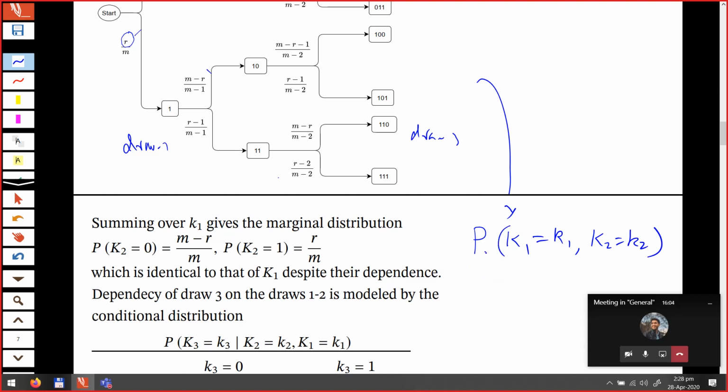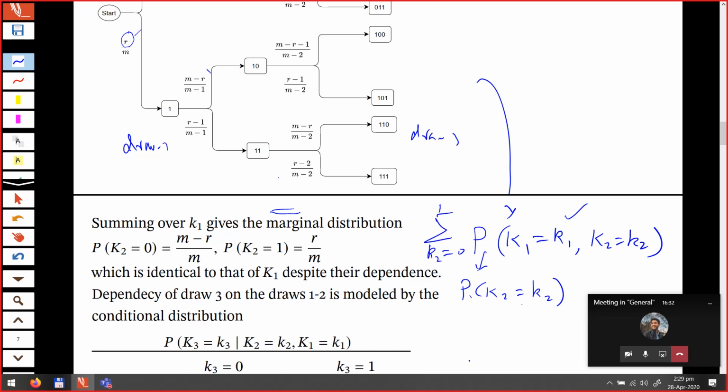How will I use this to get this probability? Remember, this is conditional probability, this is unconditional, and that is the joint. I will use the law of total probability. That's why we call it the marginal distributions. So I will just sum this over all possible values of K2.